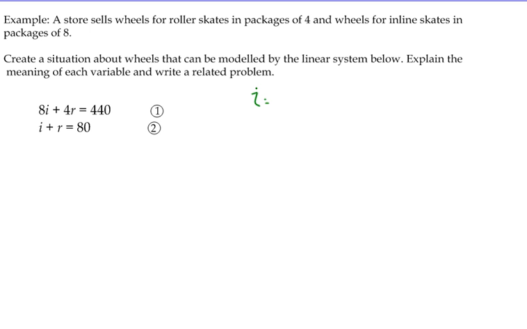The number of inline skate packages sold. We were able to just say L equals length before because length is an actual measurement, right?